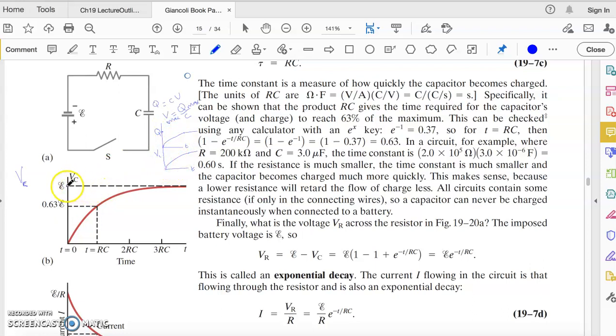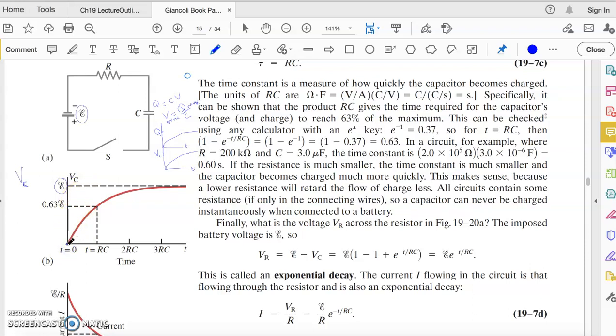Now, what is the maximum voltage that can be across the capacitor? It is the maximum voltage in that circuit, which is the voltage of the power supply. So this is a very important graph to understand. This is a charging graph. It starts from 0. The voltage across the capacitor is 0.